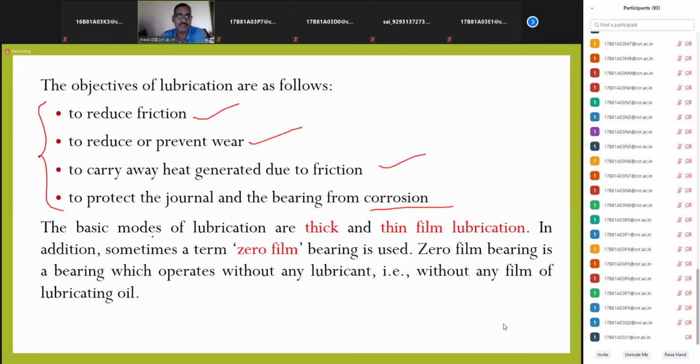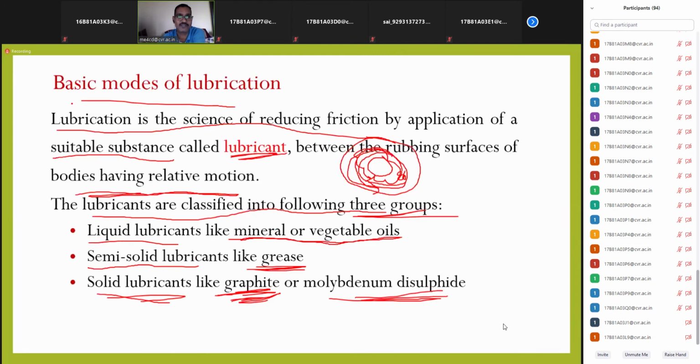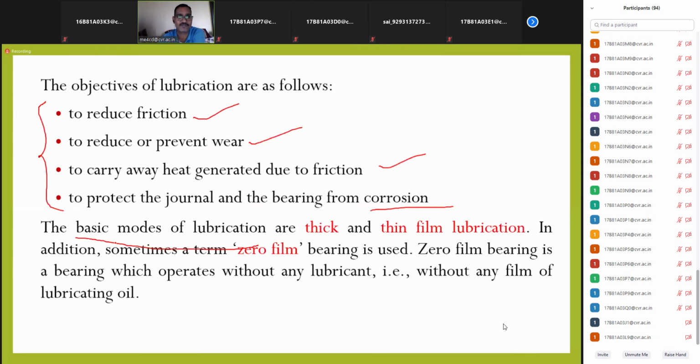And the basic modes of lubrication. Generally, there are two modes of lubrication: one is thick film, the other is thin film lubrication.